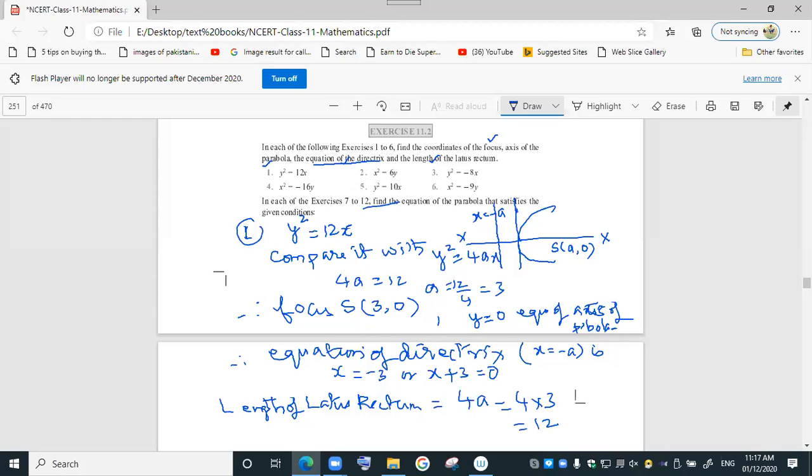So length of latus rectum is 12. So you have to see which type of parabola this is, then you can refer to the table. You can write it down from the video and then refer to it, or you can refer to your textbook also. So that is question number 1. The rest of the questions you have to try.